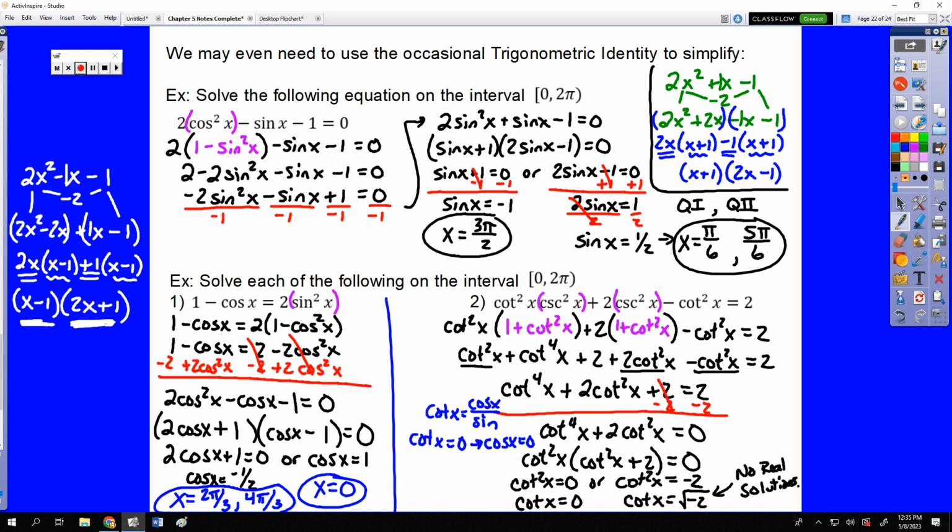And cosine is equal to 0 in two places, at pi over 2 and 3 pi over 2. So those would be the solutions to cotangent equal to 0. Because if the top number is 0, it doesn't matter what the bottom number is, 0 divided by anything is still 0.